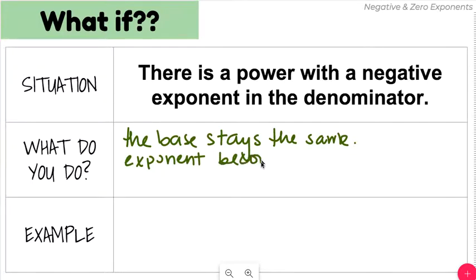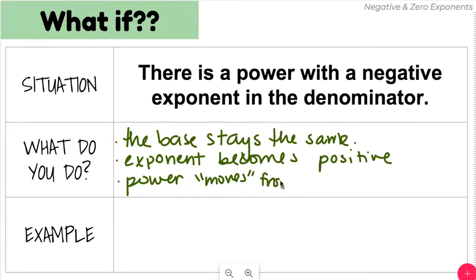Exponent becomes positive. And the power moves from the denominator. Actually, let's do this. Power moves to the numerator. So if the power was in the denominator, now it goes to the numerator. So it's like it switches places, like musical powers.